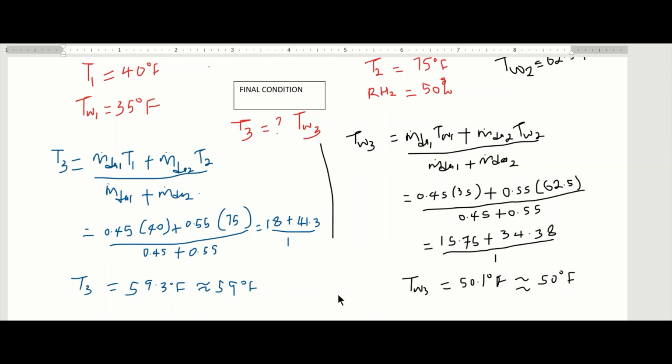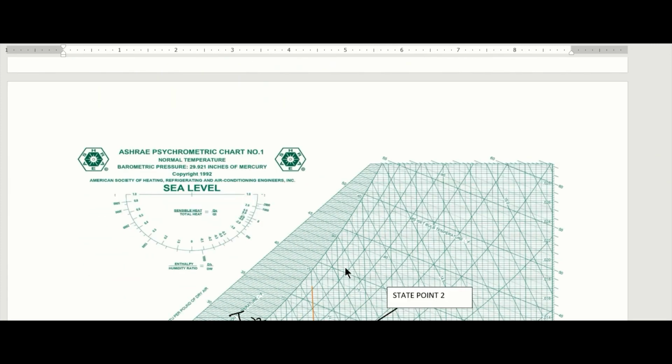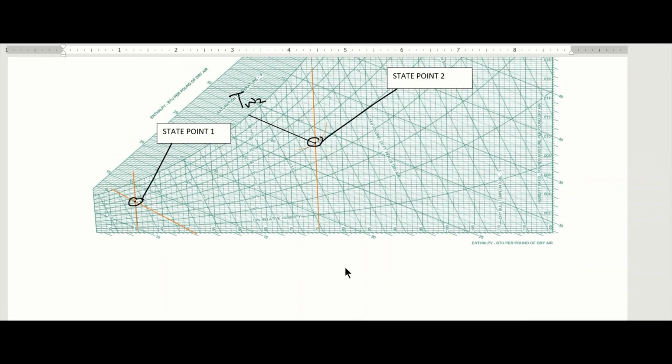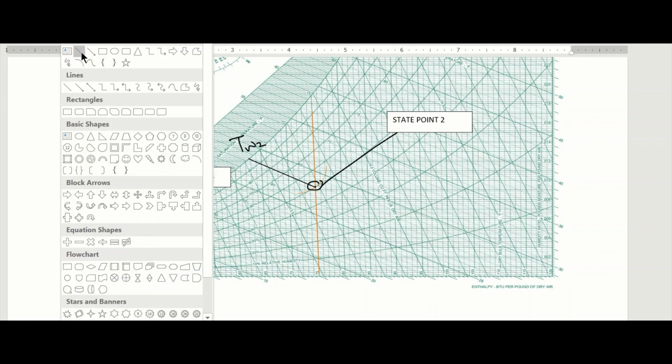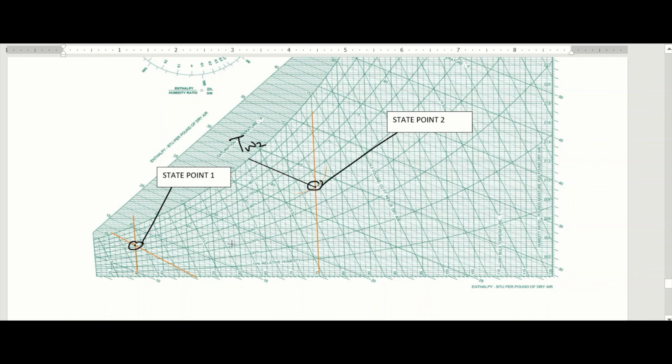Now we can decide to show this on our chart because again now we have a new condition. So my new condition has dry bulb as 59 and wet bulb as 50. So I can come to my chart. I take my pencil again. My dry bulb is 59.